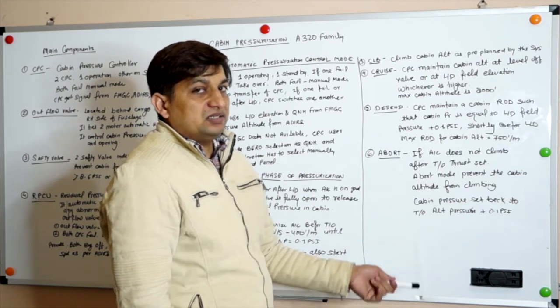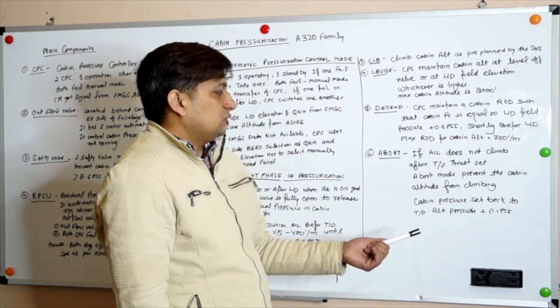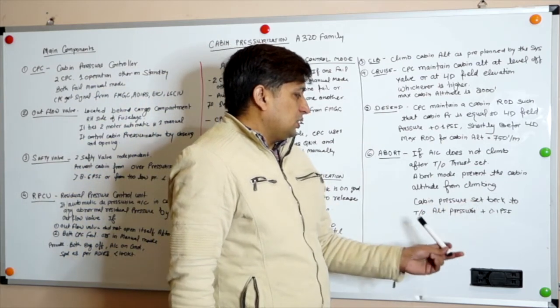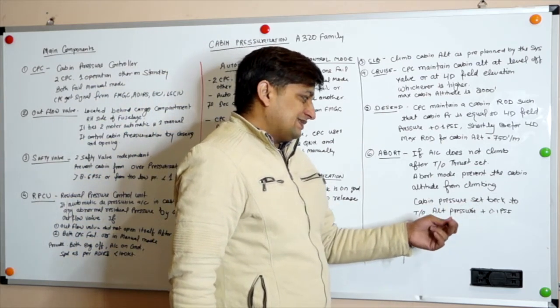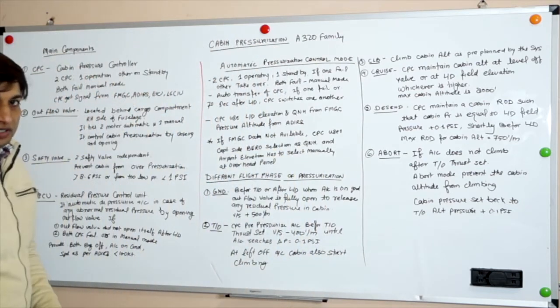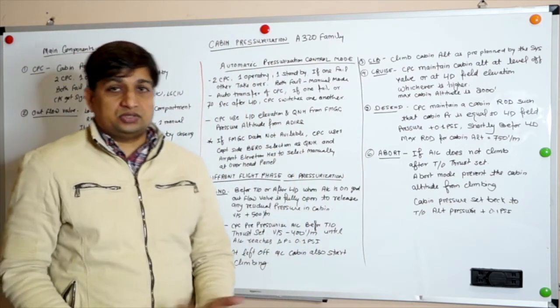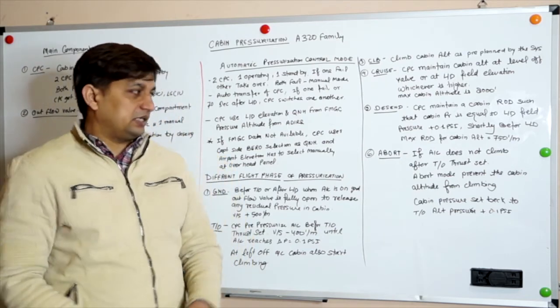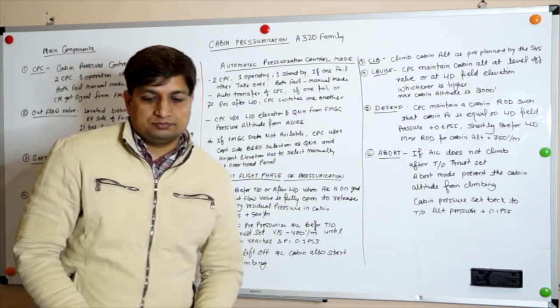The cabin pressure is set back to the takeoff airport pressure plus 0.1 psi. Okay. Hope you have understood it. If any doubt, you can write me back in comments, and I will discuss a little more.